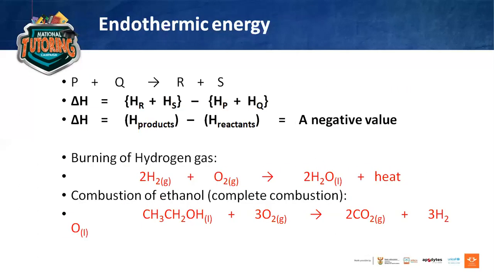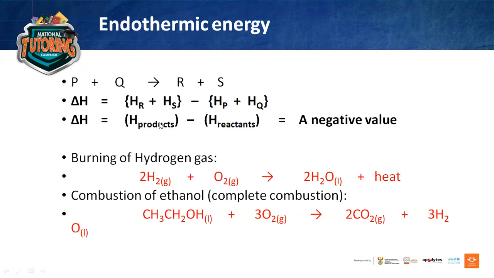For an exothermic reaction, it's going to be quite different. Let's say P plus Q will give us R plus S. If this is the case, then our change in H is going to be our products minus our reactants. But what's the trick with the exothermic reaction? With the exothermic reaction, our reactants are much higher than our products.